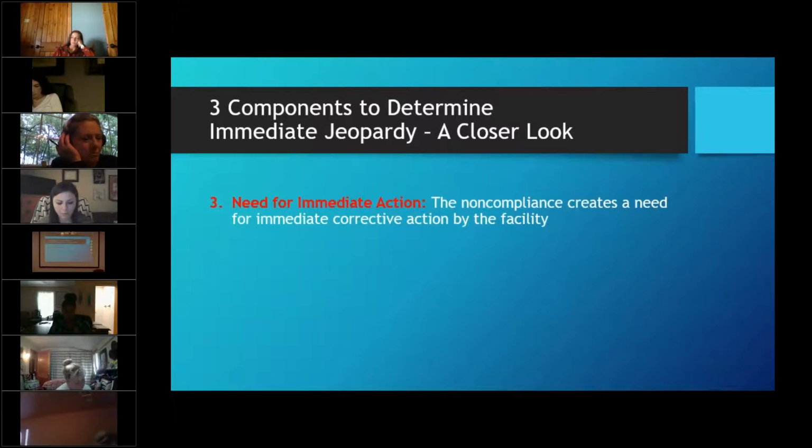So this is not just for waiting for survey to identify these for you. If you see the issue, identify it yourself or with your team so you can address it before it becomes a bigger issue, okay? You don't want to wait till something happens, somebody's hurt or survey comes in and cites it. You want to fix it. Well, the fixing's good.